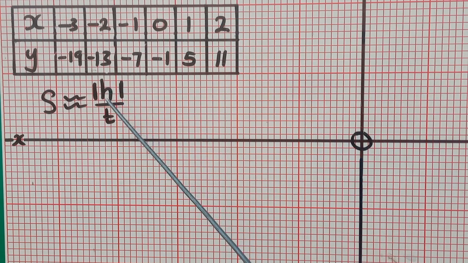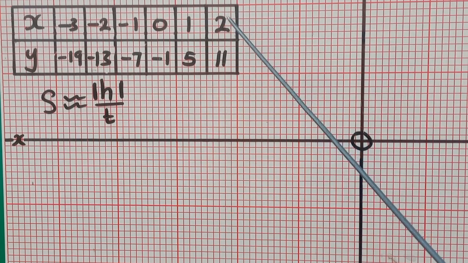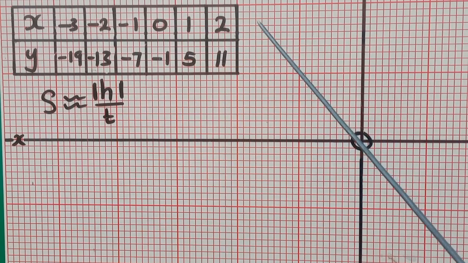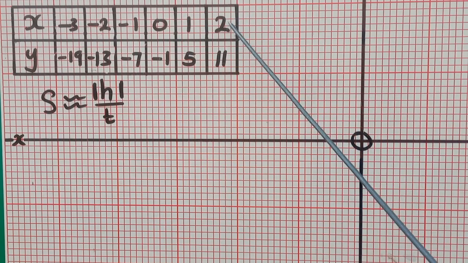Don't forget that H is the number or the figure with the highest magnitude, without direction being put into consideration. With direction being put into consideration, 2 is the highest, because someone that has 2 is richer than somebody that is owing 3.